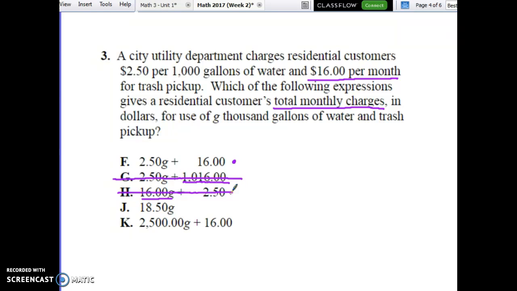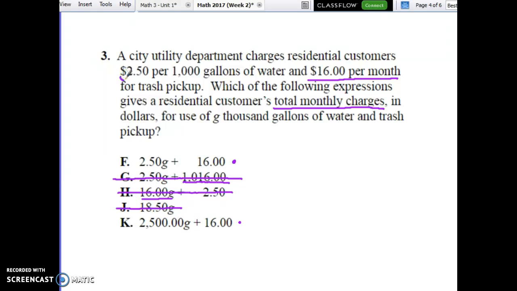On J, the 250 and the 16 have been combined together, and those are two different charges, so that's not going to be my answer choice. But K does also have that $16 charge there. So I'm eliminating answer choices, and I've got it down to either answer choice F or answer choice K.